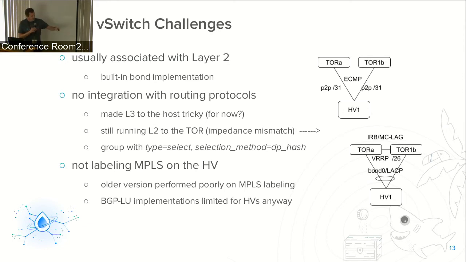We wanted this picture on the top, where each hypervisor has an independent link up to 2 different TORs, where we put a /31 transit subnet on there, and we use ECMP. But we weren't quite able to get there. It was a little tricky.